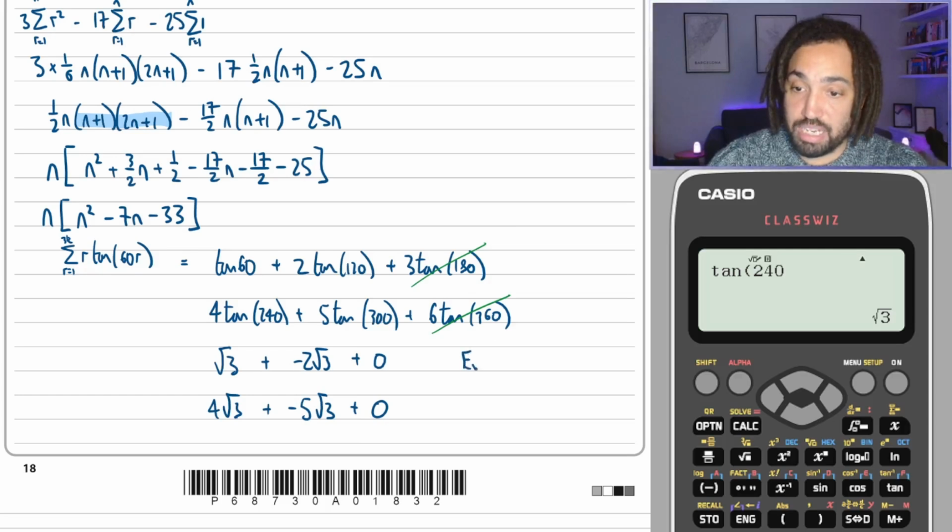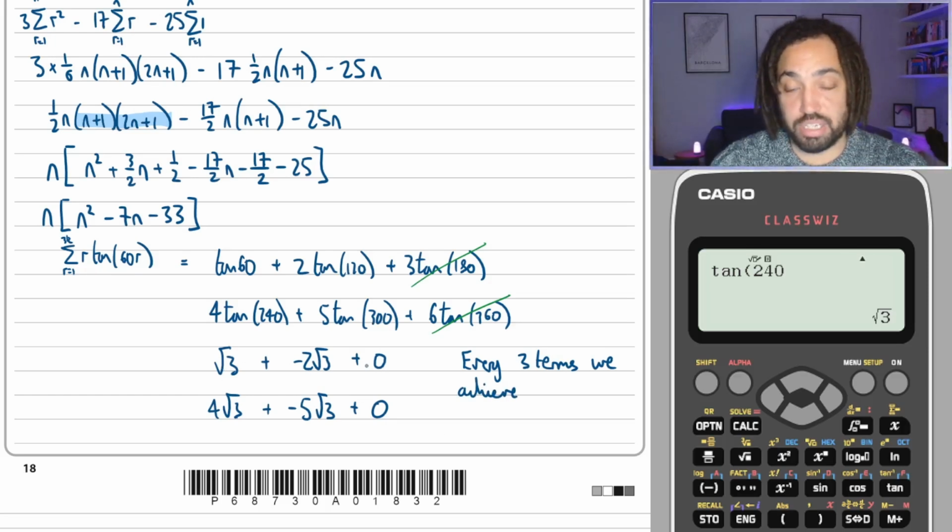This means every 3 terms we achieve, well, what do we achieve? Well, we've got a root 3 minus a 2 root 3 and a 0, so that's minus root 3. And over here we've got 4 root 3 minus 5 root 3 plus 0, which is also minus root 3. So every 3 terms we achieve minus root 3.